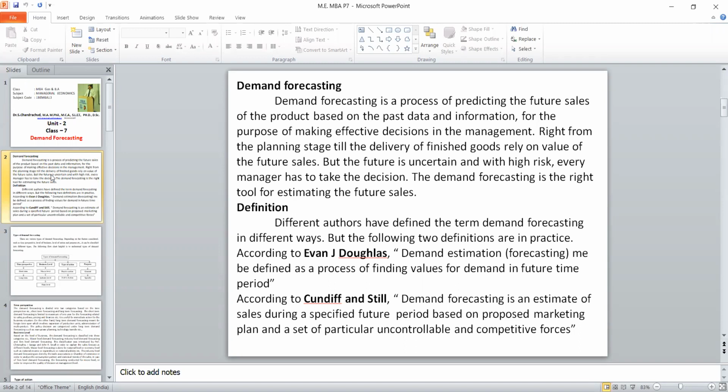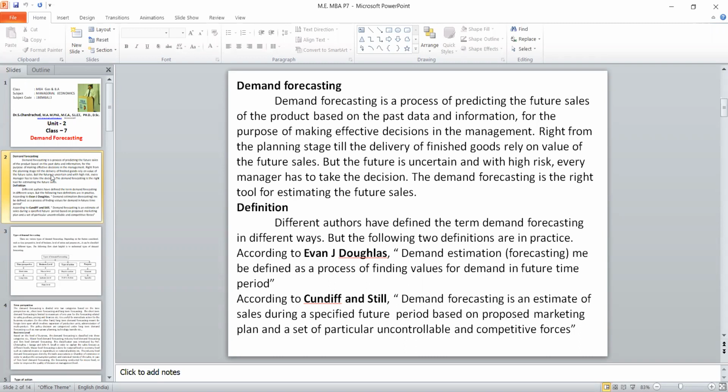In this, we have mentioned 5 key factors. One, you have to say it is an estimation. Two, you have to mention the time perspective, that is, a specified future period. The third is future sales, that is, what is the value of sales that you are going to achieve. Then the other 2 are controllable or uncontrollable forces and competitive forces.